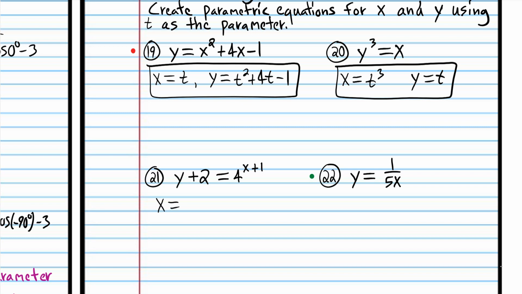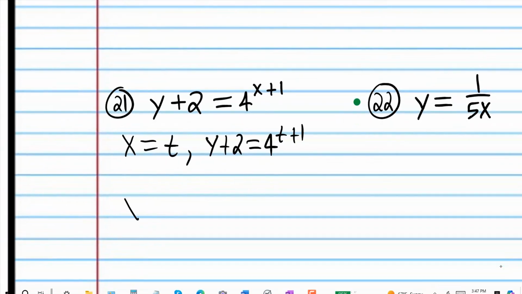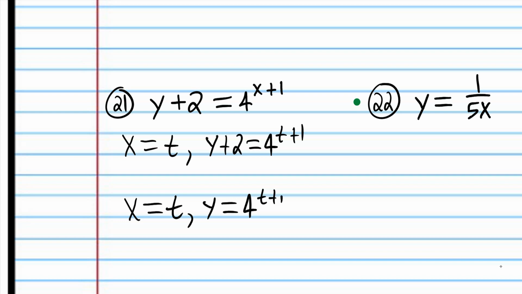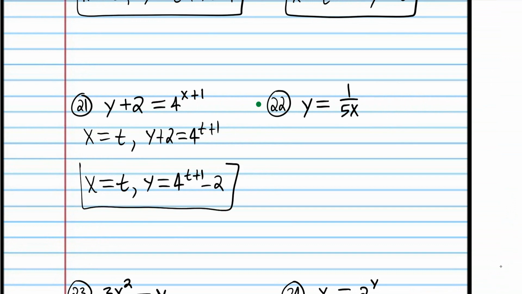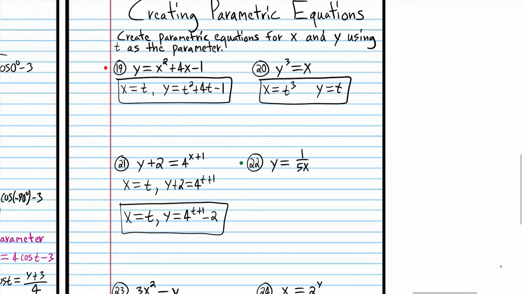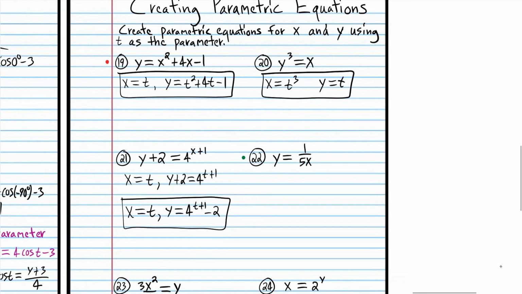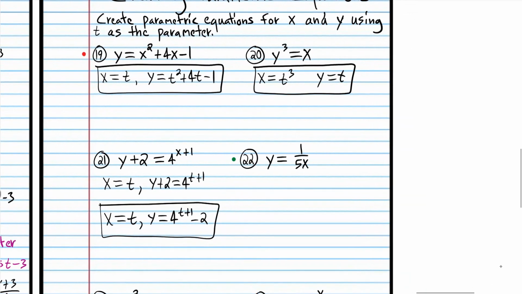So here, let's let x equal t again, and then we see y plus t is equal to 4, y plus 2 is equal to 4 to the t plus 1. And just to make things look nice and neat, let's solve for y in the second equation. So there you go. So as you can see, creating parametric equations is not very difficult in most cases.